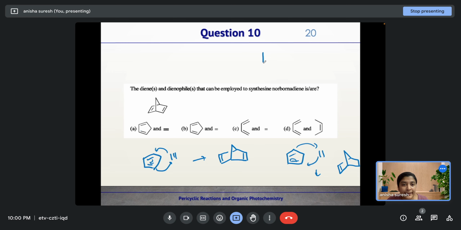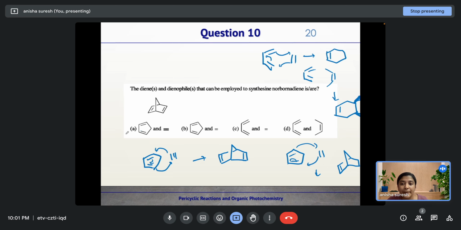And when you are reacting with this, you will get a cyclohexene. And if you are reacting with this, you will get a cyclohexene substituted with two methyl groups.